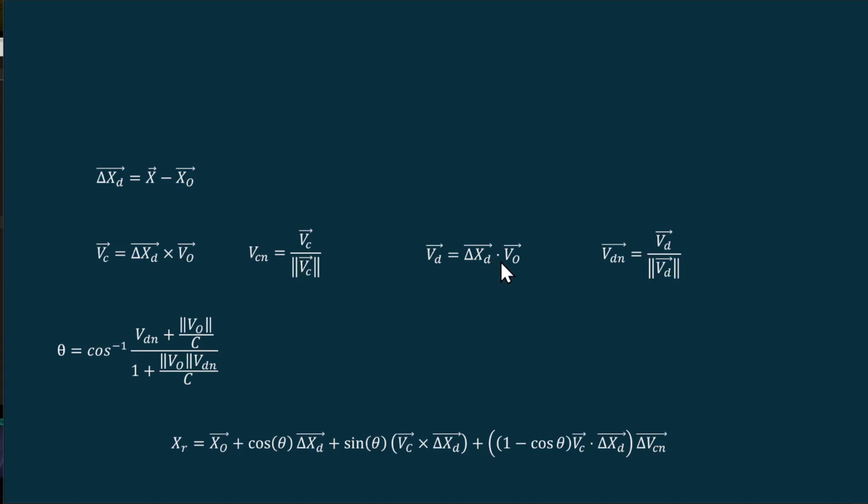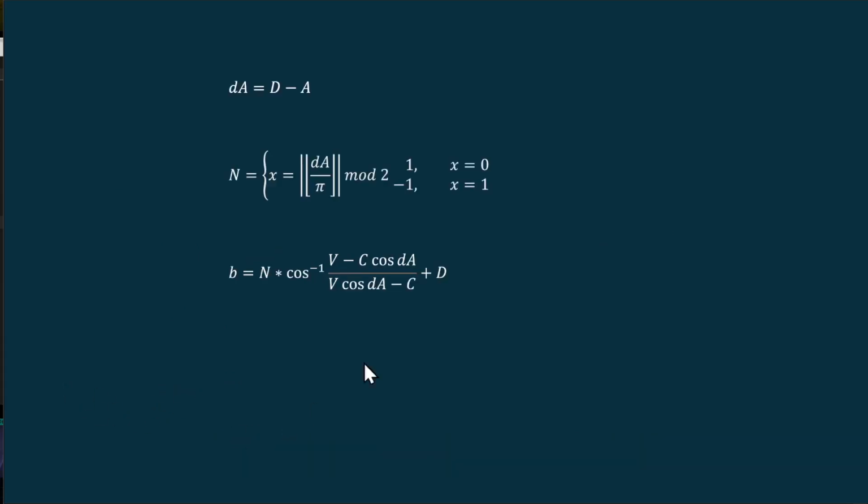And then this is the velocity of... I'm not sure why this is d. Oh, it's dot. So this is the velocity dot product and the normalized dot product. So we have the normalized dot product is the cosine, and the magnitude of the velocity over c terms from before.